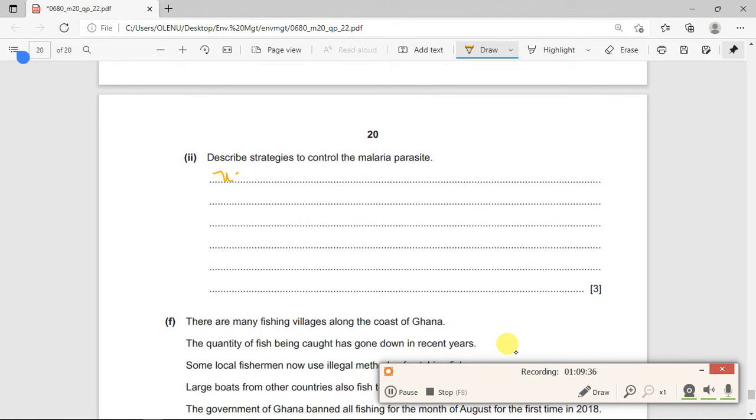Okay, strategies to control malaria parasite. You can use anti-malaria drugs. Another one is use mosquito nets. Another one, use mosquito repellent.